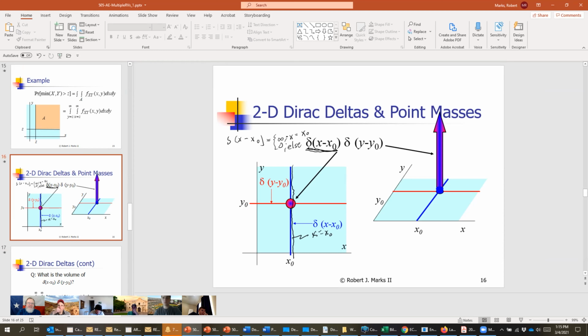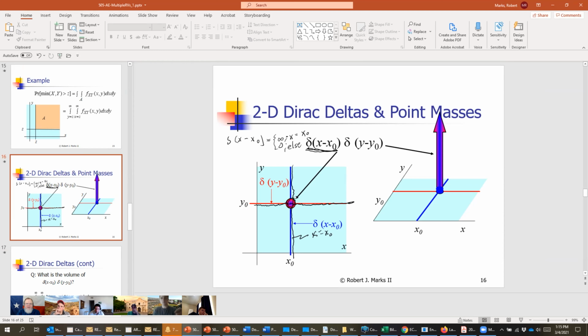On the other hand, the delta of y minus y naught is a big knife edge that comes across and cuts horizontally. When we multiply these two together, the only place that neither is 0 is at the origin.